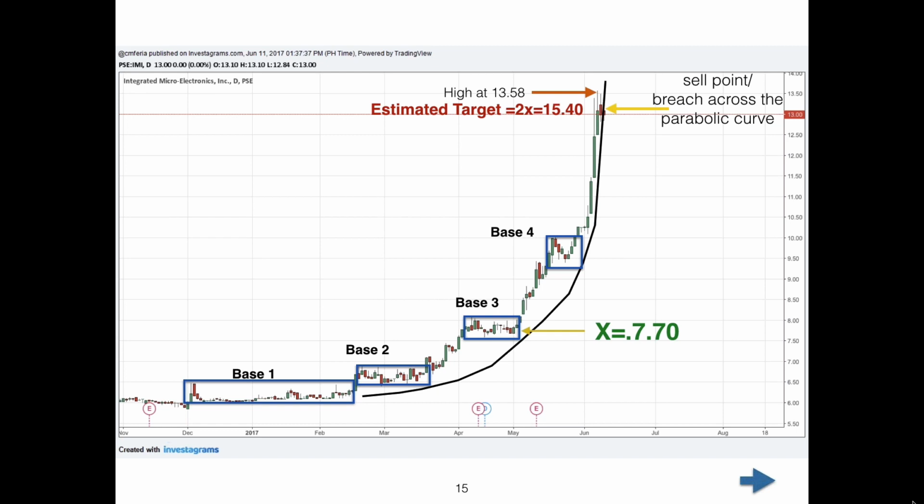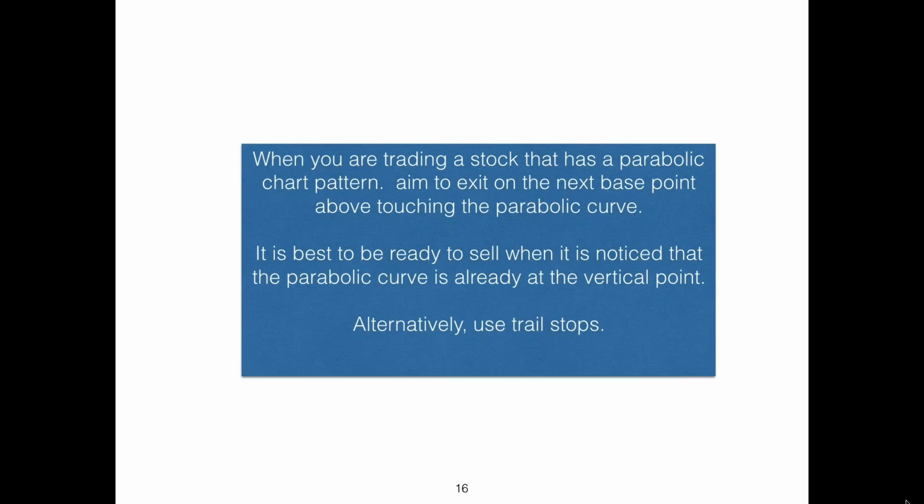Now, when you're trading a stock that has a parabolic curve pattern, you have to aim to exit on the next base point above touching the parabolic curve. It is best to be ready to sell when it's noticed that the parabolic curve is already at the vertical point. Or you could also use trail stops.